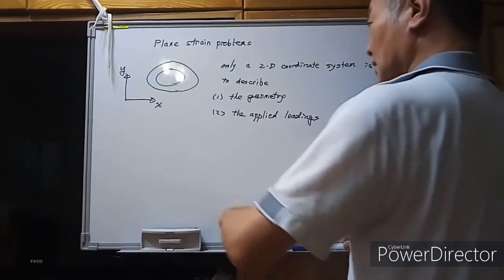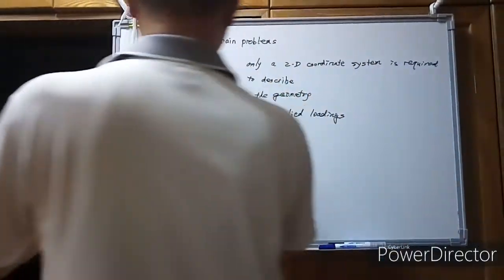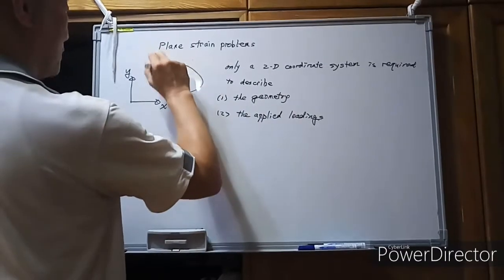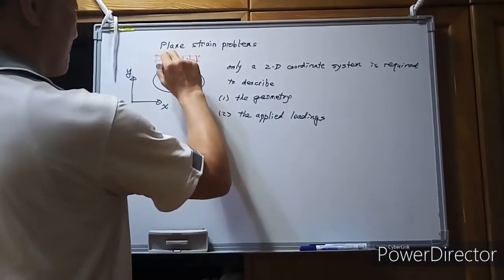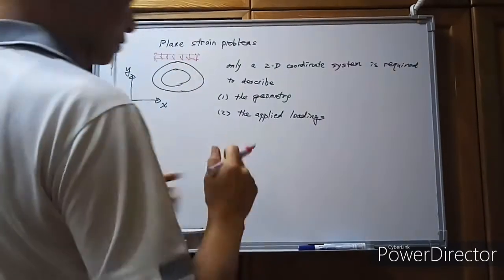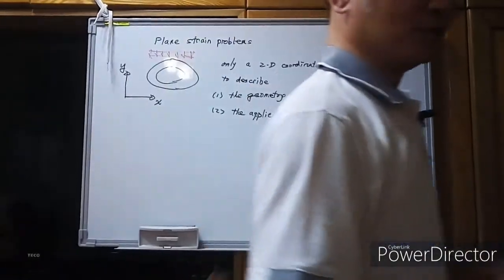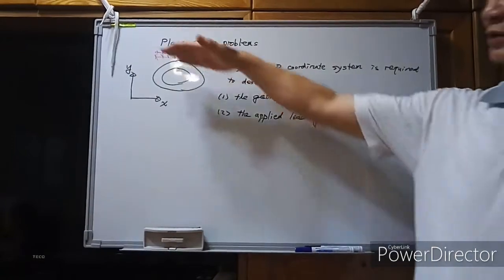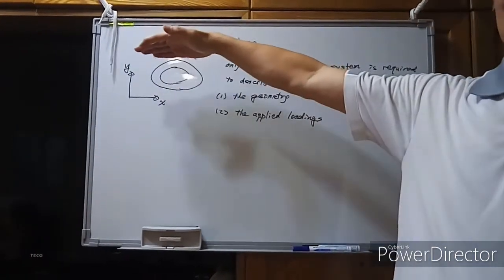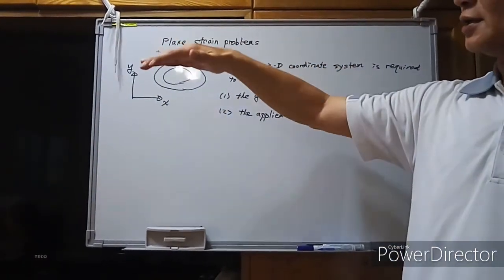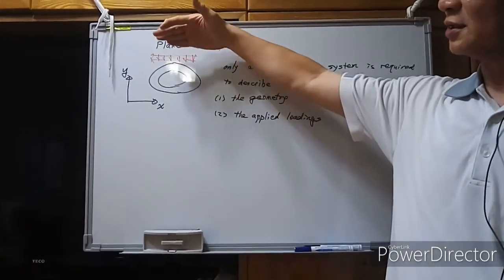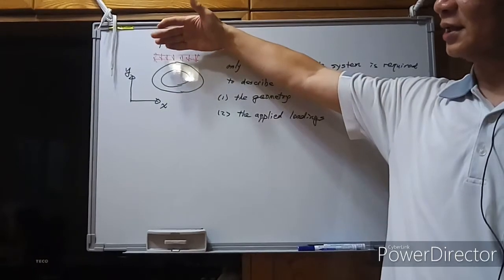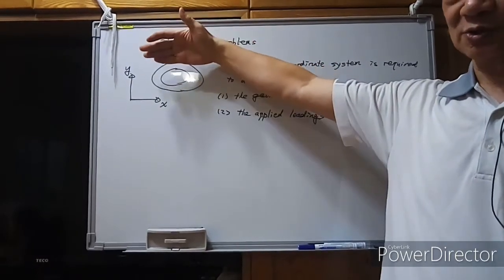Okay, so for example, if we would like to describe a uniformly distributed load applied at the top of the structures, remember, based on our assumptions, the applied loading is applied not only on this cross section.